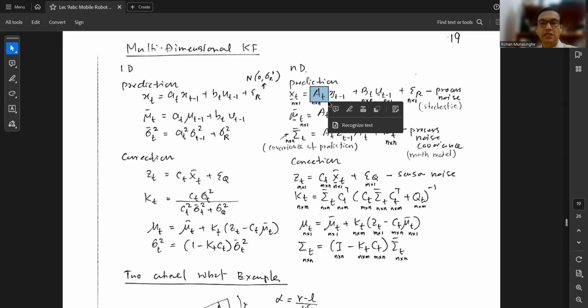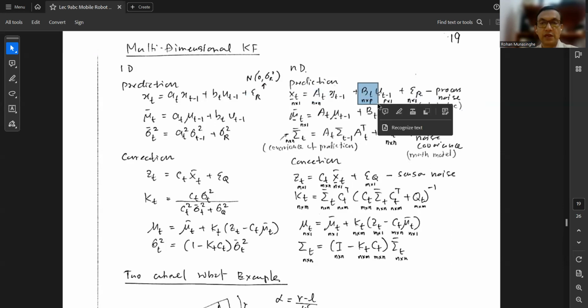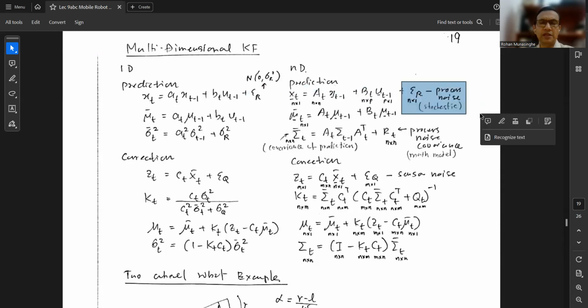And then B_t, u_t minus 1. This is the drive matrix. In state space, you have studied all of these things. And anything unmodeled, the process noise, we call it noise, but it is actually not noise. It is anything unmodeled, but actual dynamics of the system.